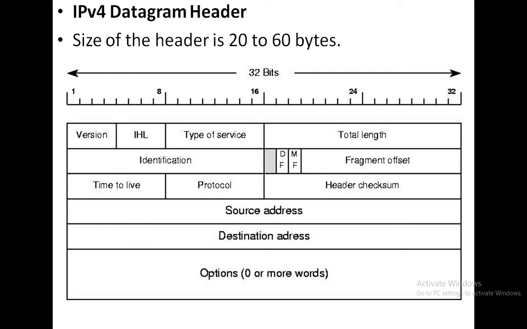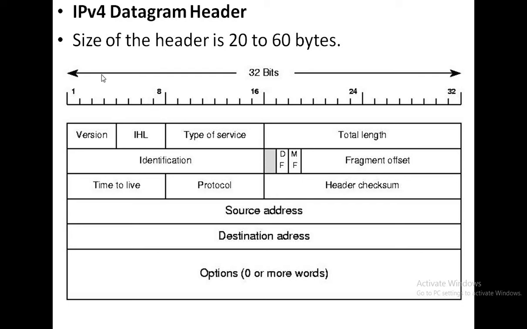Previously I told you that the header length unit is 4. Here the field value is 5, so the total header length is 5 into 4, equal to 20. So this is the calculation of the header length.